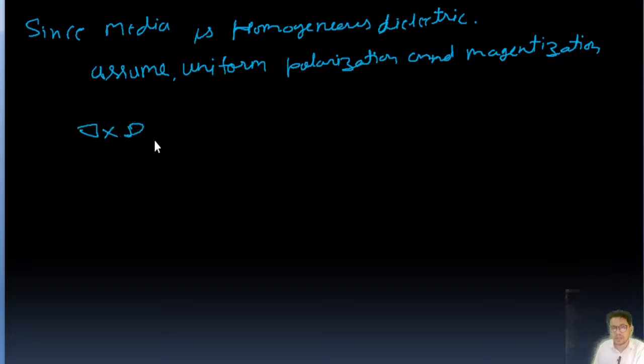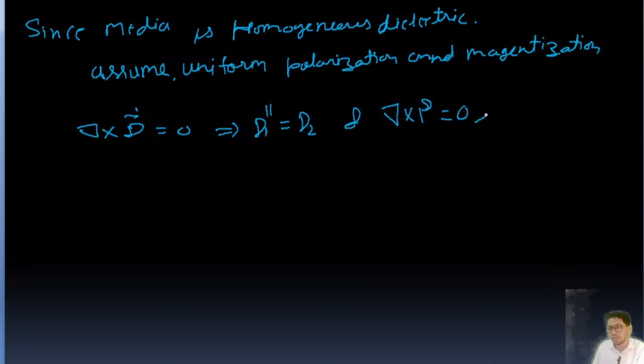del cross D, curl of D is going to be 0. This implies D1 parallel to D2, and curl of P, this is polarization, is going to be 0, and this means d1 perpendicular minus d2 perpendicular is going to be equal to sigma.